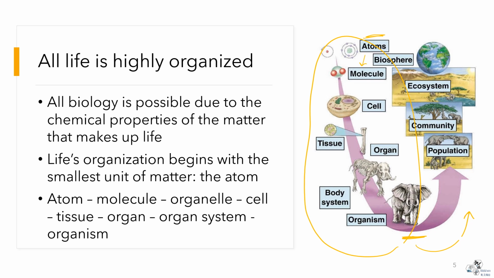Molecules can come together to form organelles, and the organelles come together to make cells. Groups of cells that behave similar and have similar structures are called tissues. And then a bunch of similar tissues working together with other similar tissues create organs.